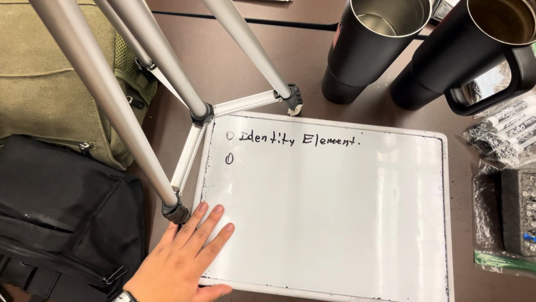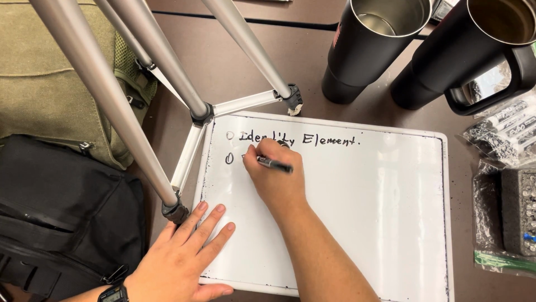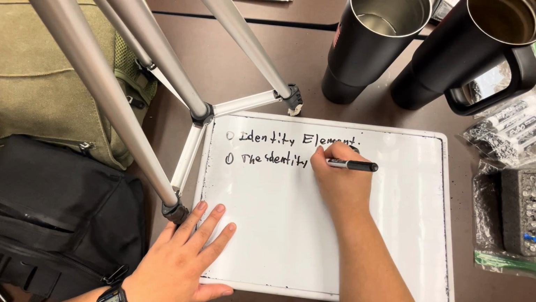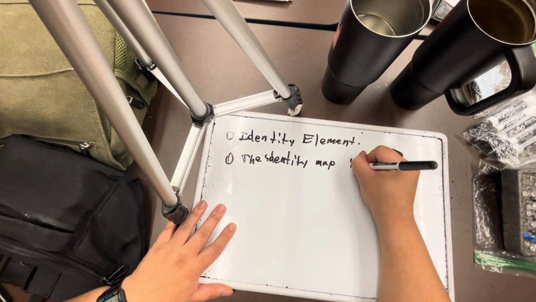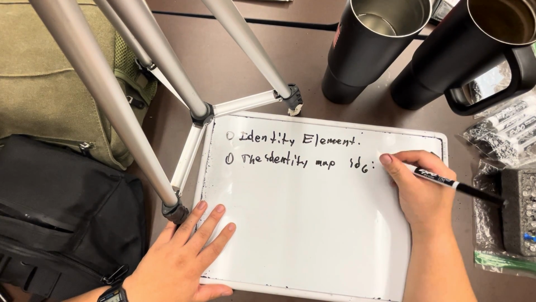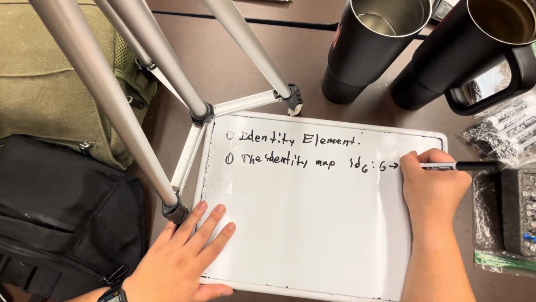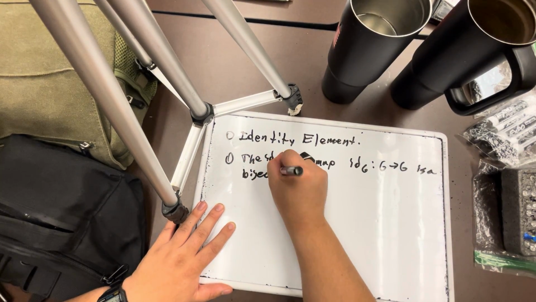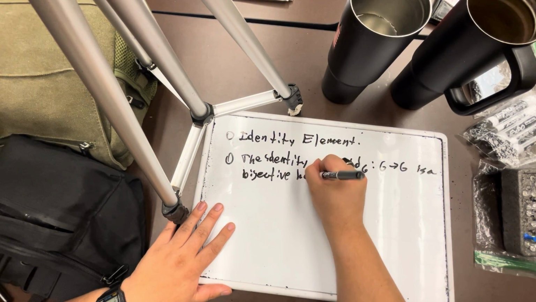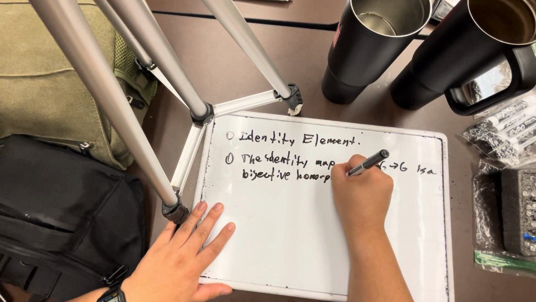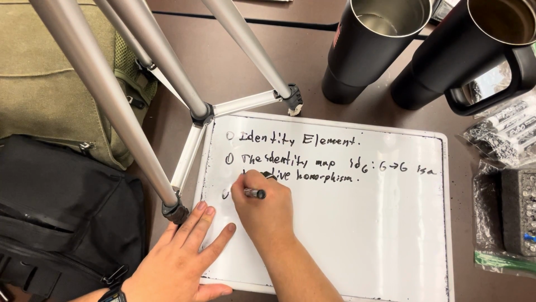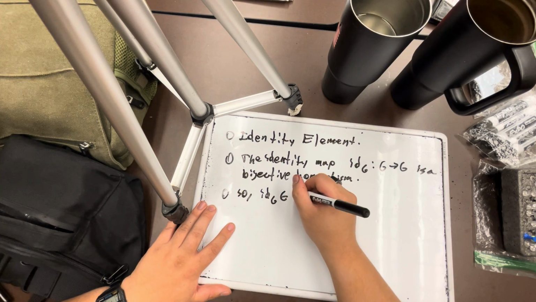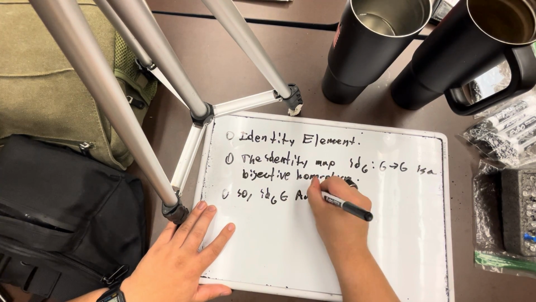So let's see. The identity map of G from G to G is a bijective homomorphism. So the identity of G is contained within Aut(G).